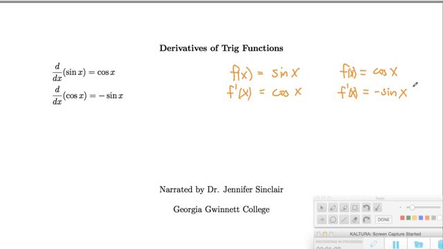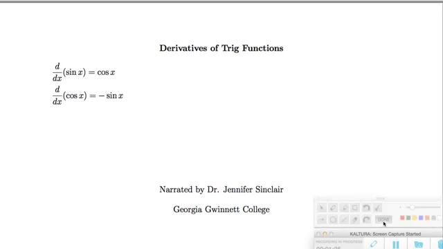And let's look at some examples. Well, suppose we're asked to find the derivative of tangent of x.